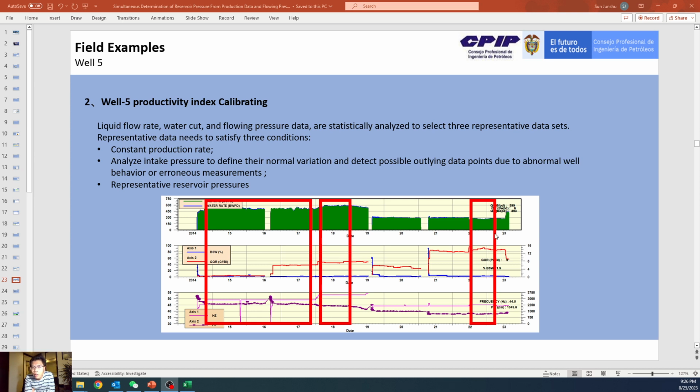Then a consistent period is from June 2022 to April 2023. Flow rate keeps at 290 barrels per day. Frequency 45 Hz. And the intake pressure keeps stable with a slight decline rate.